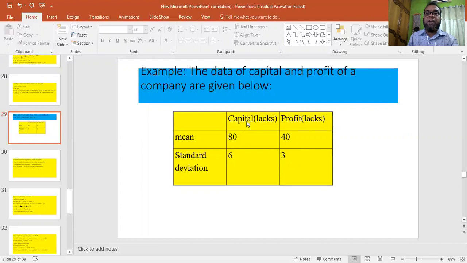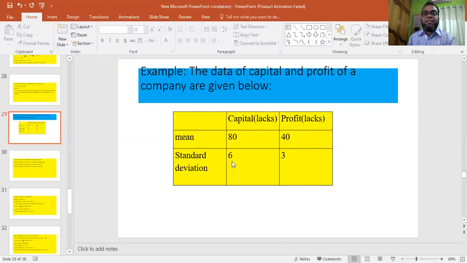So if you let the capital be X and profit be Y, then the mean is denoted by X bar. That is, X bar is 80, Y bar is 40. And the standard deviation is denoted by sigma.